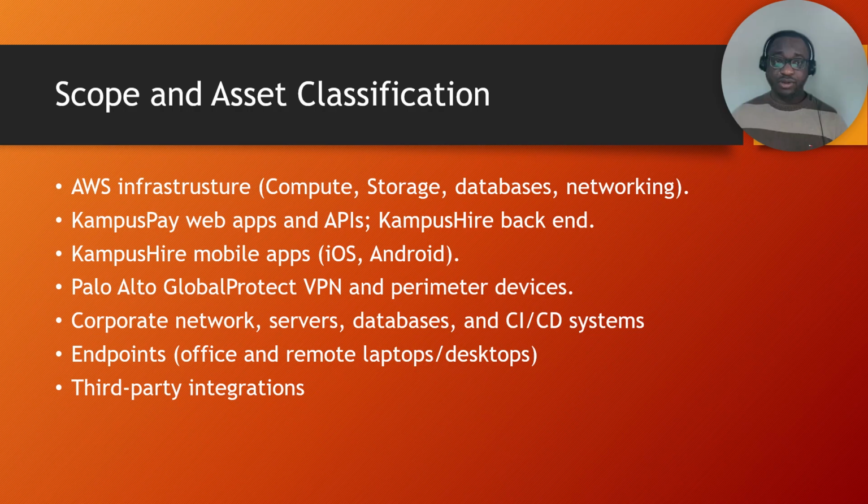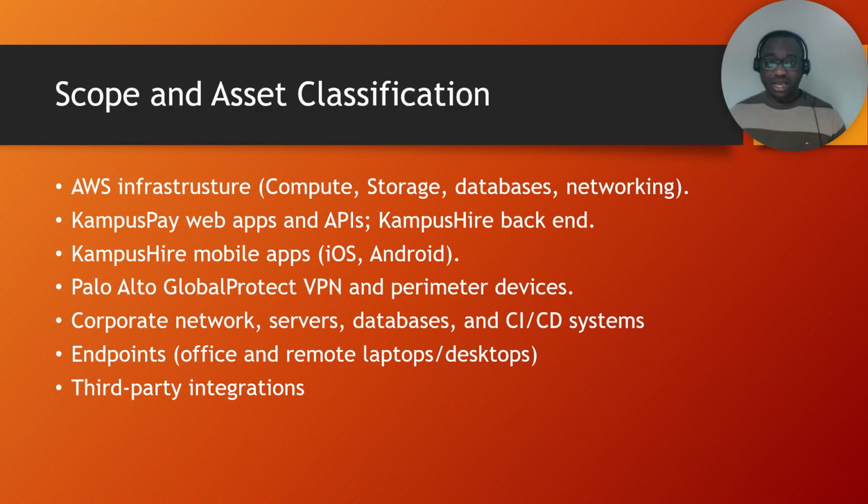For the purpose of the vulnerability management program at Campus Pay, the following is being considered: AWS infrastructure, compute, storage, databases, networking, Campus Pay web apps and APIs, Campus Hire backend, Campus IR mobile apps, which includes iOS and Android platforms, Palo Alto Global Protect VPN and perimeter devices, corporate network servers, databases, and continuous integration and continuous delivery systems, endpoints, office and remote laptops and desktops, third-party integrations.